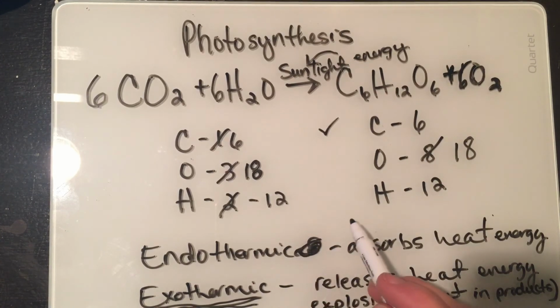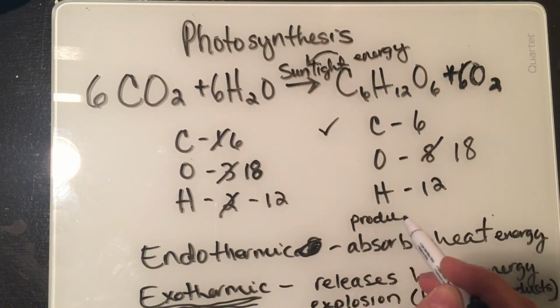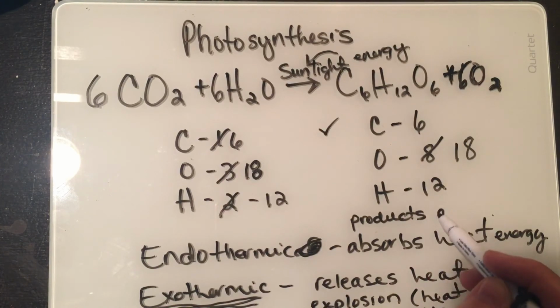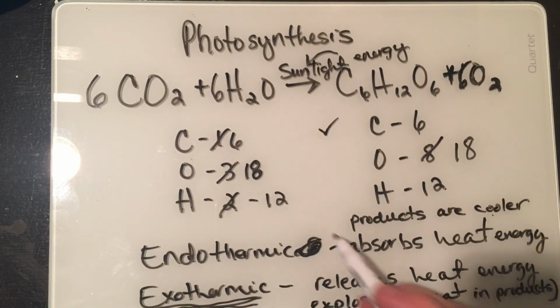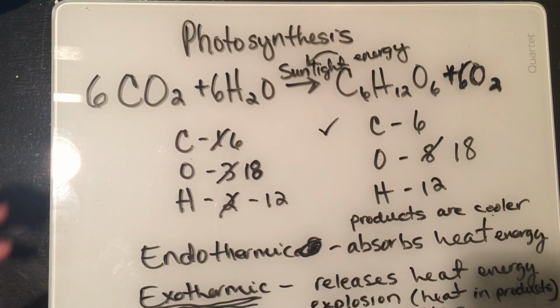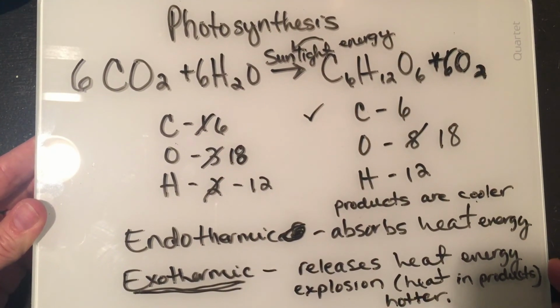In an endothermic, your product is actually going to be cooler. So your products are cooler than the reactants. Okay, so that is a brief description of exothermic and endothermic.